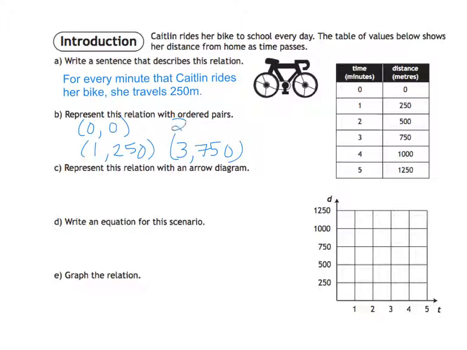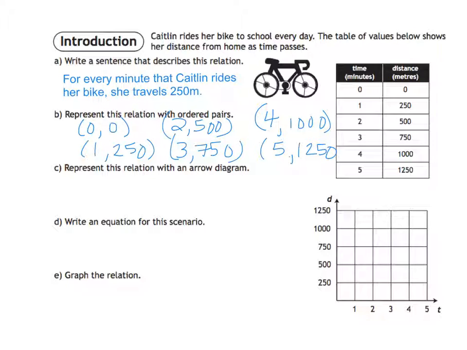Also 2 and 500. 4 and 1,000. And 5 and 1,250. Those are the 6 ordered pairs that we know in this relation.